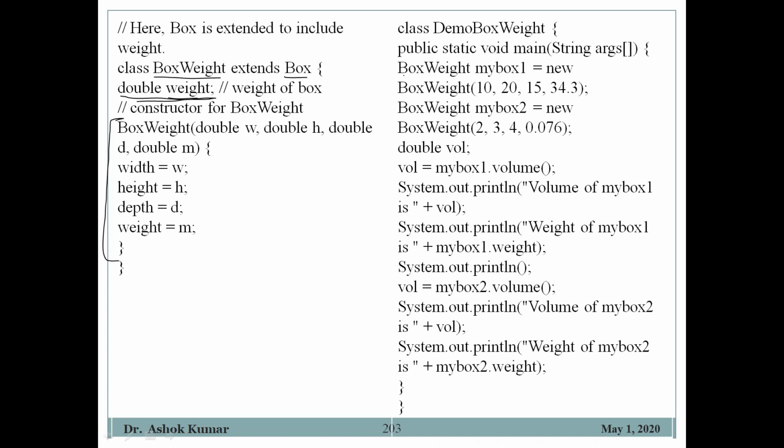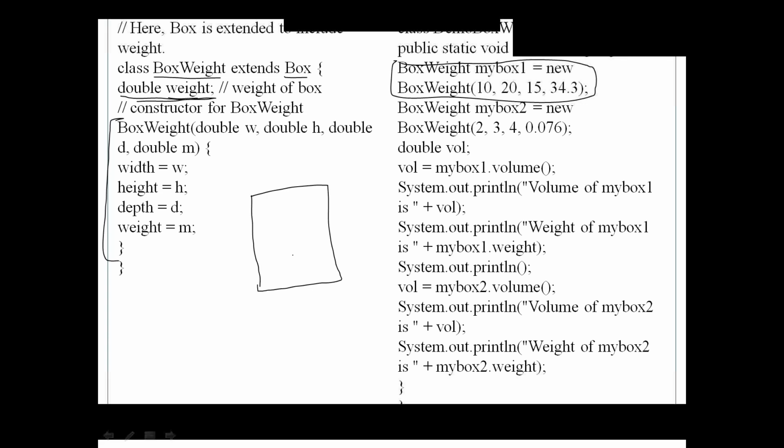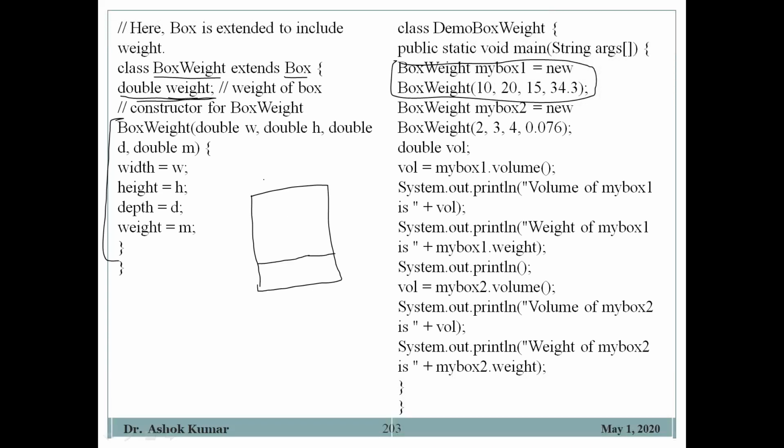This is the main. So in the main, we are creating the object of the subclass first. So this is the subclass object. I'm going to plot it over here. This object will have a superclass object and some of its own members. The superclass object will have three members: depth, width, and height.